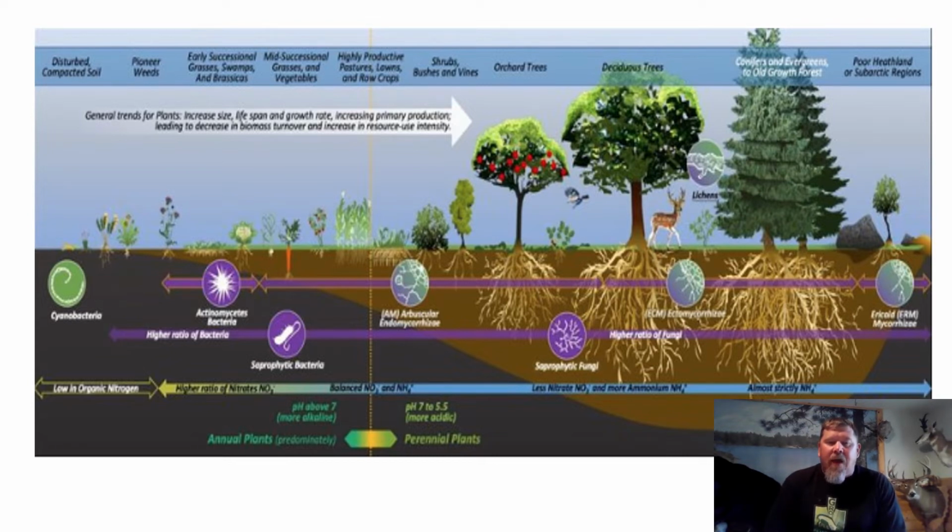It has a very high bacteria concentration. There's little to no fungal population in that soil, and because of that, there's very little protozoa or life that can help cycle nutrients. There's very little plant available nutrients in that soil. Now, the nutrients are there, but they're not in a usable form that the plants can use.